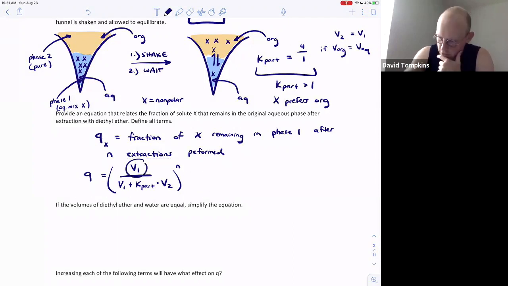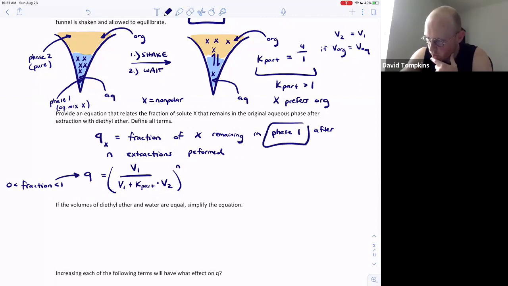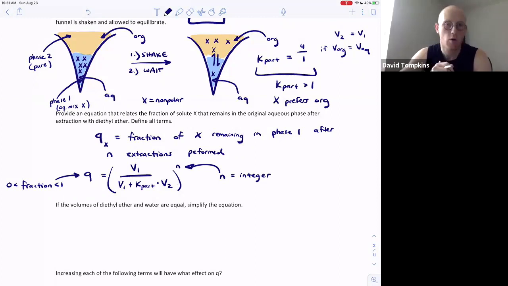It's a volume divided by another volume term, and Q will always be the fraction between 0 and 1 that can tell us the percentage of X remaining in phase 1 after we perform some n number of extractions. Now this n value must be an integer.